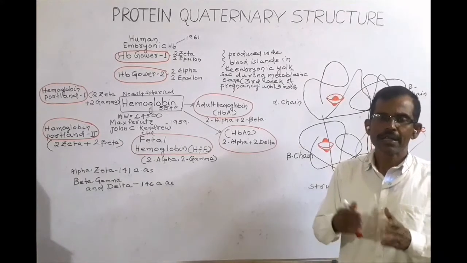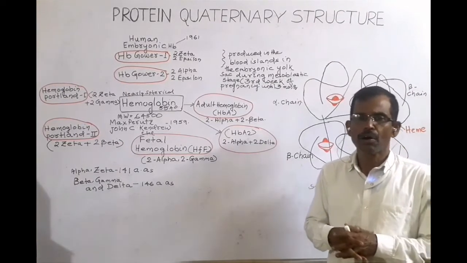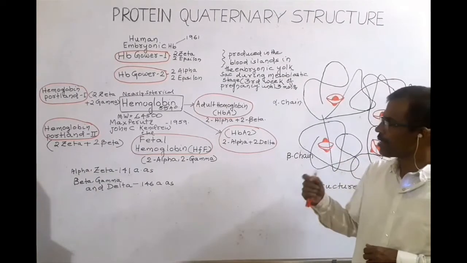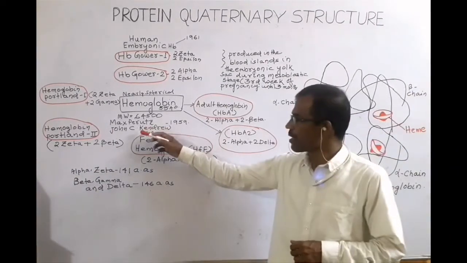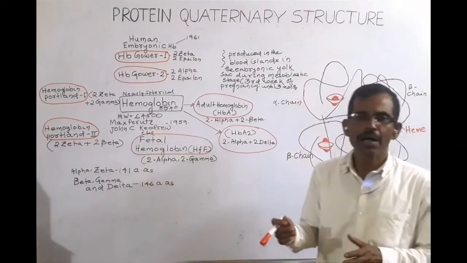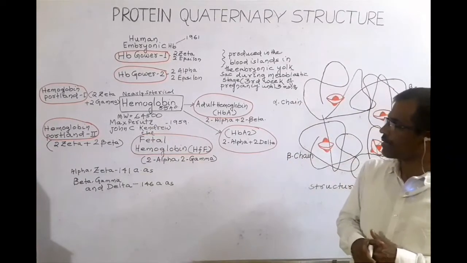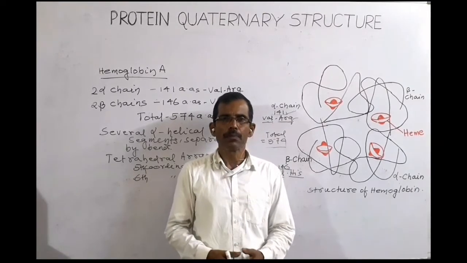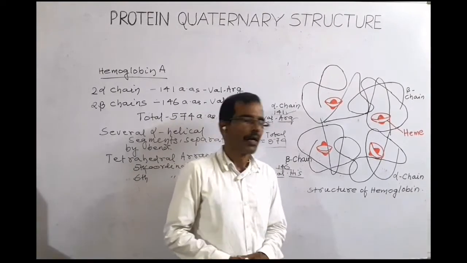The three-dimensional structure of horse adult hemoglobin was elucidated by Max Perutz and John C. Kendrew and their colleagues in 1959.